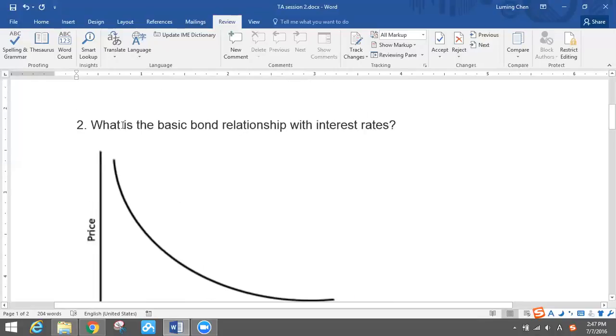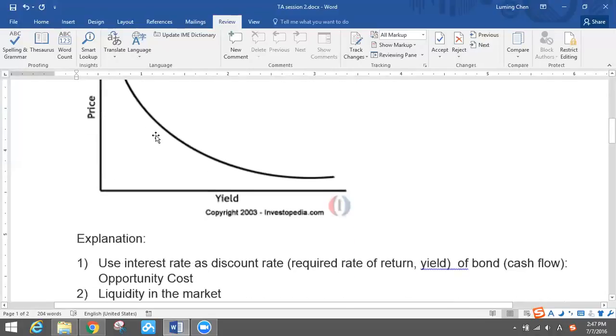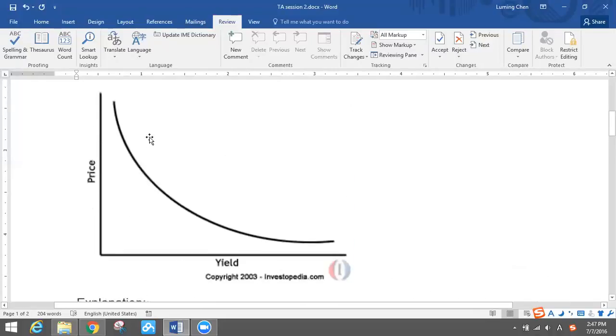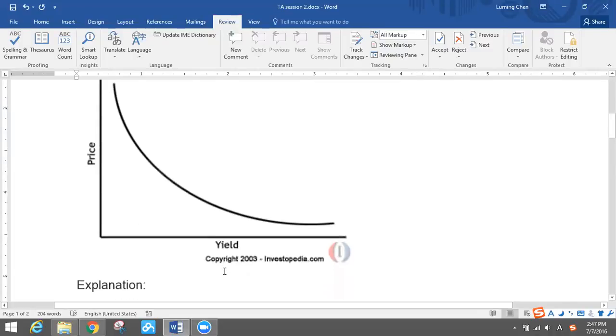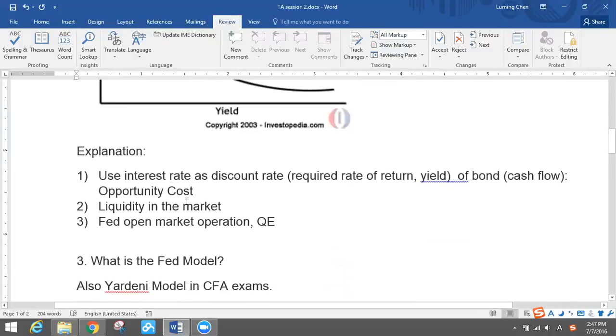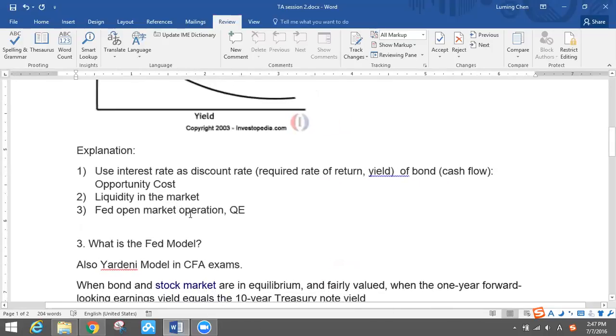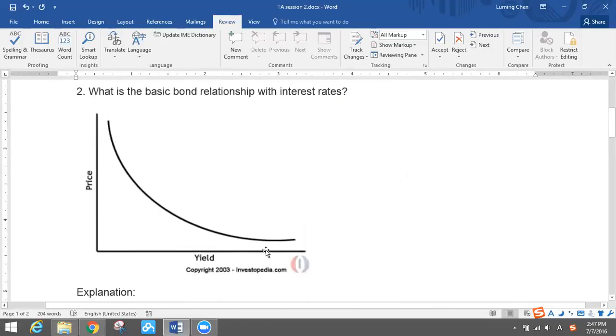Number two, what is the basic bond relationship with interest rate? We covered this problem in Lecture 2, and we can show the bond price with yield in the price-yield curve. So how do we see this curve? Why is it shaped like this?